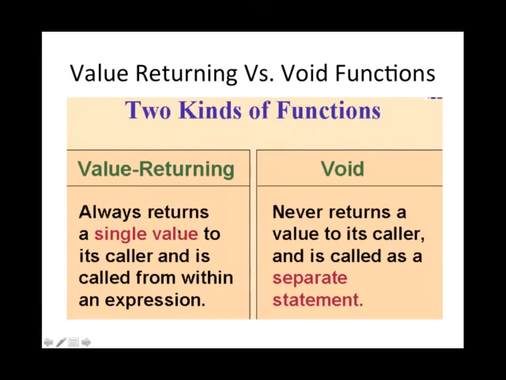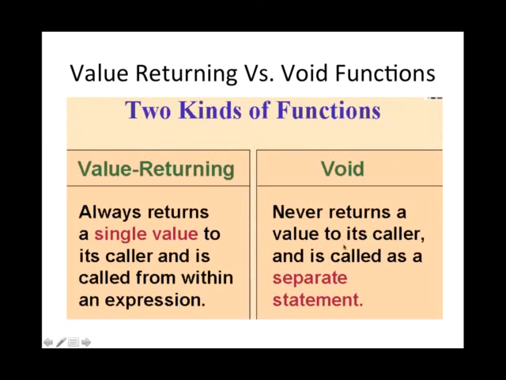It always returns a single value to its caller and is called from within an expression. The call is on the right hand side, and the value it returns is on the left hand side. The return value is either directly stored in the variable on the left hand side, or it might be multiplied by some other value, or some other arithmetical operations might be done on it.